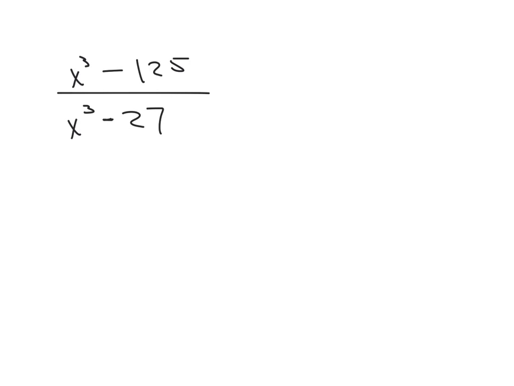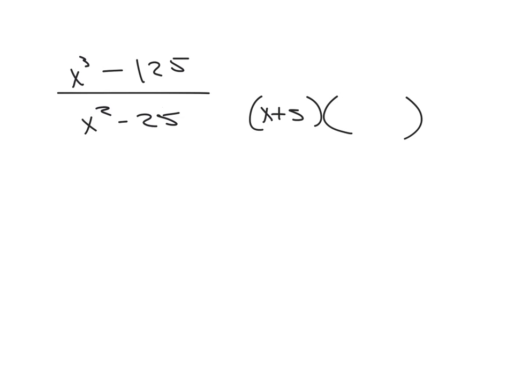Is that right? No, I'm sorry, x squared minus 25 on the bottom. I'm jumping around here. Alright, so top and bottom. We have x plus 5, x minus 5. And so this is 42.